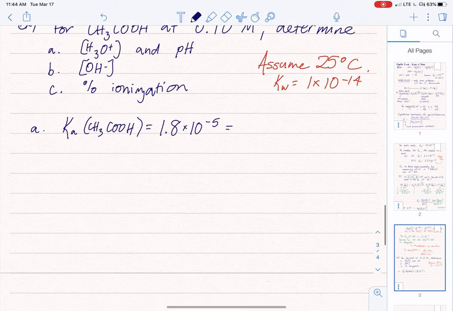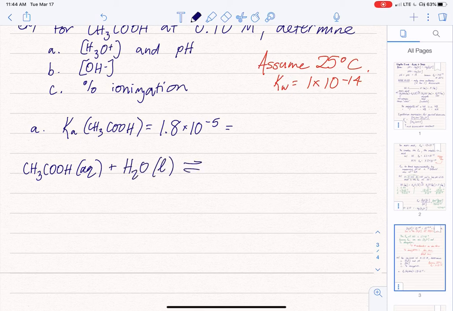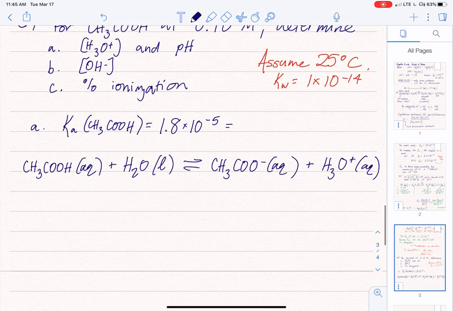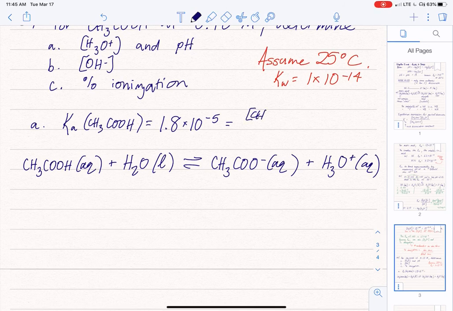Now, I wrote the reaction for acetic acid reacting with water just a moment ago, but you should always write down the chemical reaction for what's actually happening in these situations. So I'm going to just rewrite that weak acid dissociation reaction. That Ka can be determined from this reaction as the concentration of acetate times hydronium over the concentration of acetic acid.